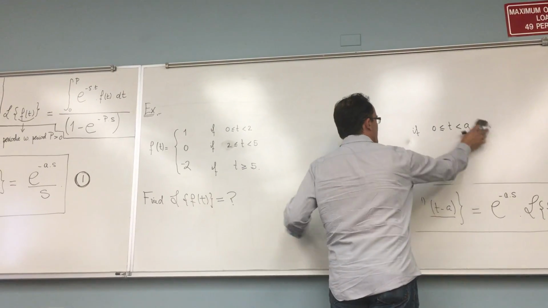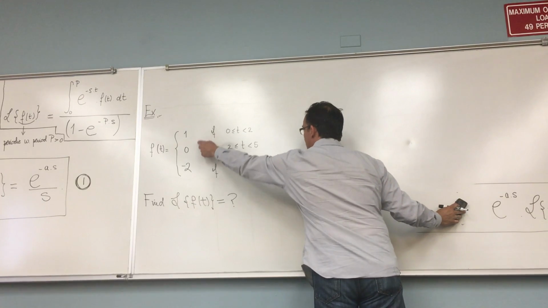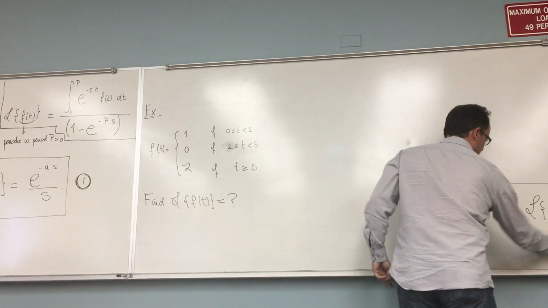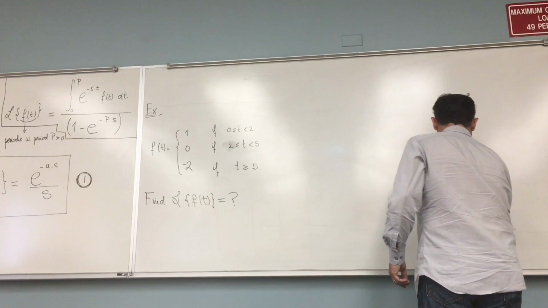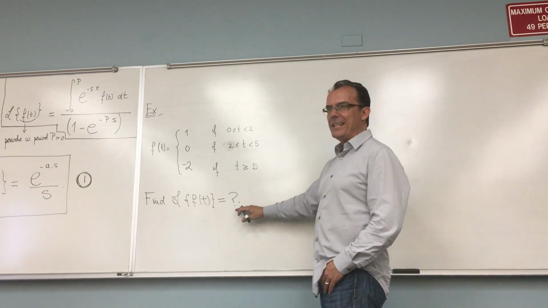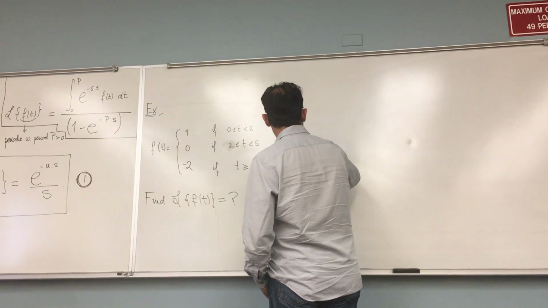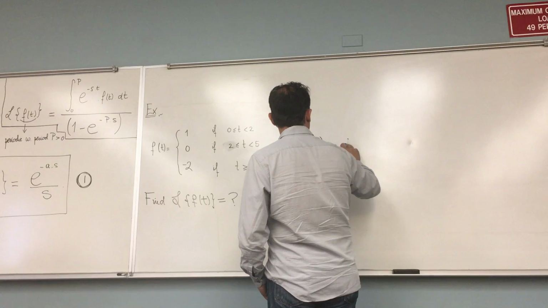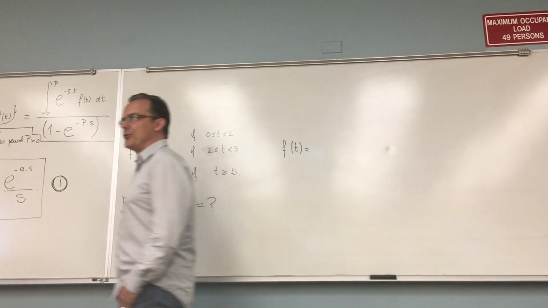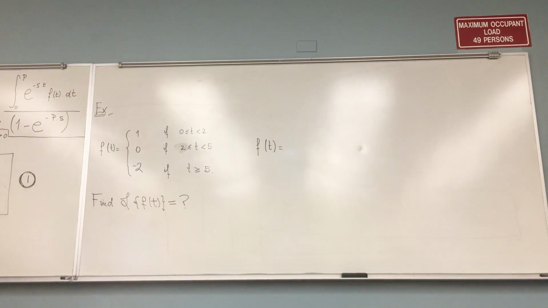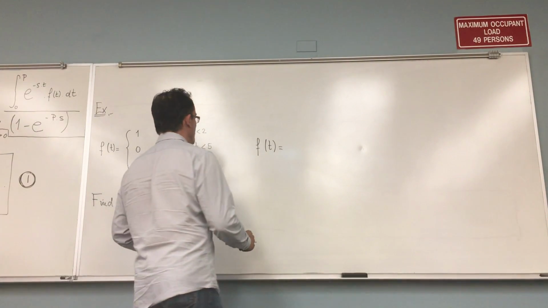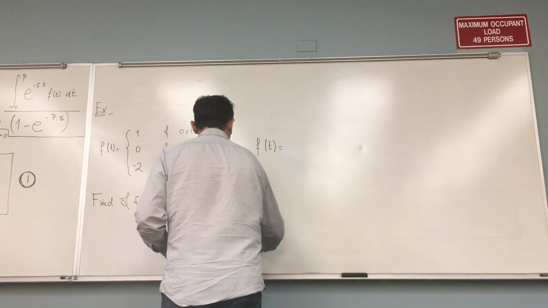The one we're going to use here in this exercise, because these are all constants, is number 1. And the key to find this Laplace transform using formula number 1 is to write this in terms of u_a functions, of this type of function. And the result is the same.